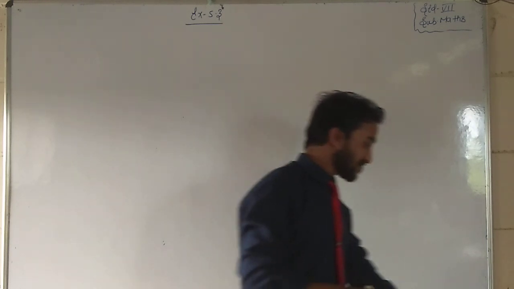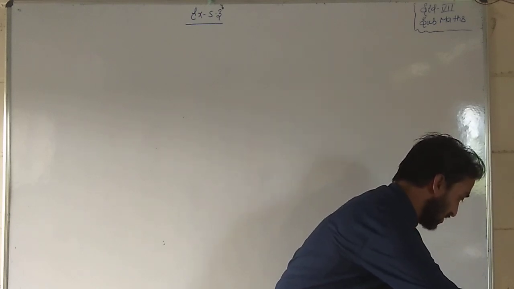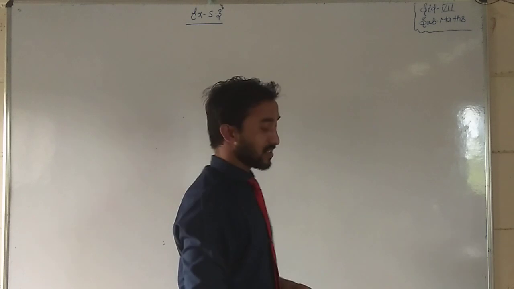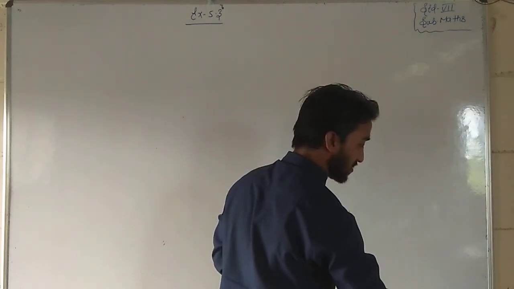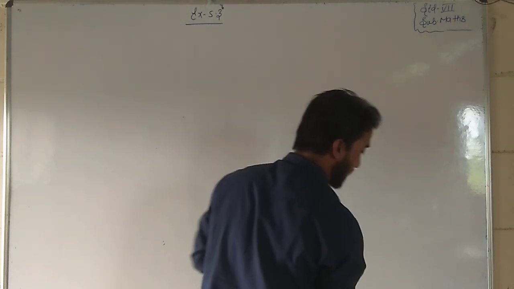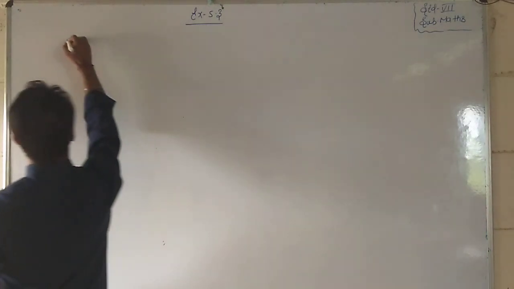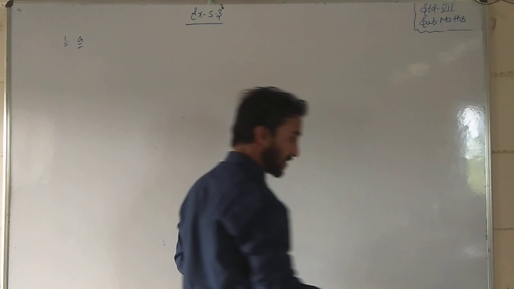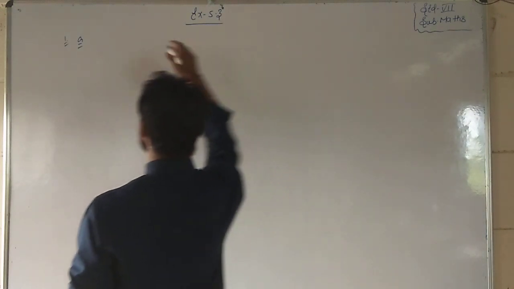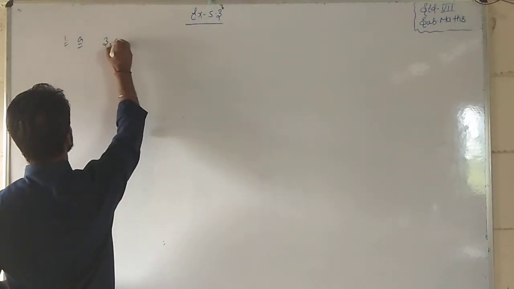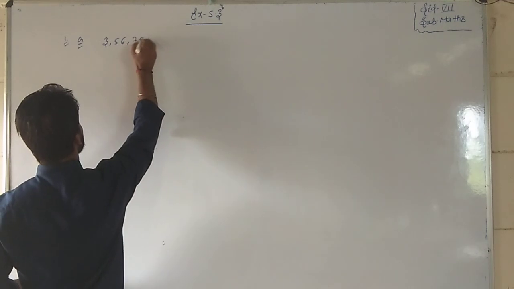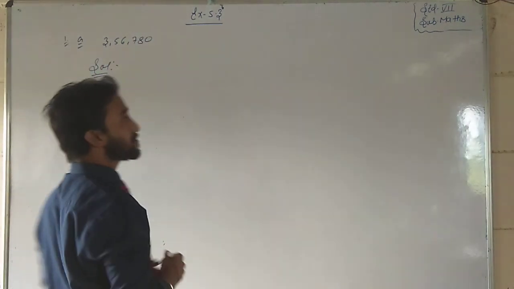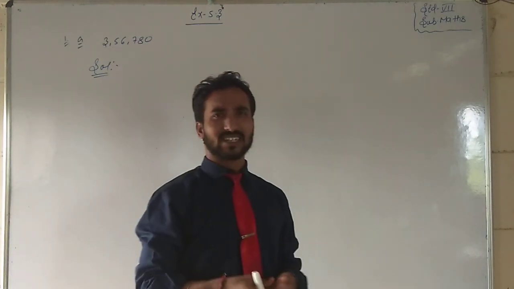Students, come to page number 84 and see the question. The question is: write the following numbers in expanded form. Have you listened? Expanded form. I think you may have studied expanded form in class 2 or 3.